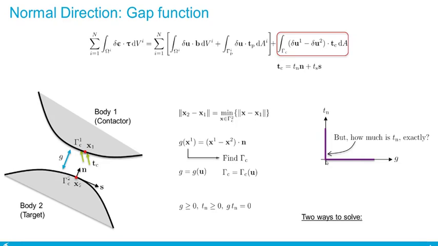There are two ways to solve this situation, as I mentioned before. One is to associate this unknown Tn with the existing unknowns, like our solution variable u. The other way is to augment our system equation by a constraint equation, so that we keep Tn as an unknown together with u, but now we have one more equation to solve.